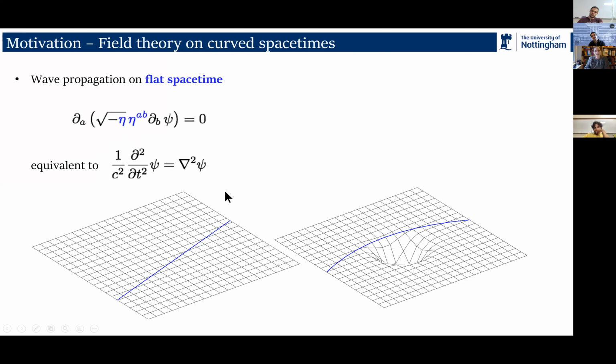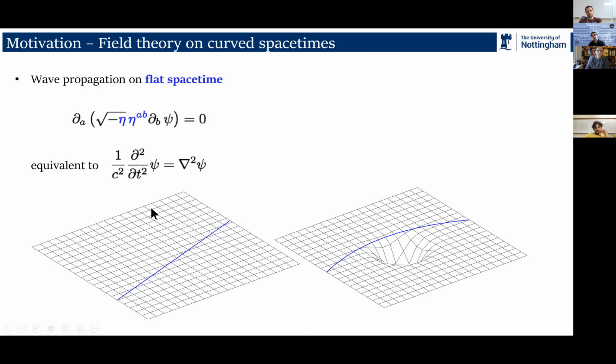Now, there is a trick to rewrite that equation, by considering this constant c being the speed of light, for example. I can rewrite that equation in a compact way by introducing flat spacetime, or the Minkowski spacetime. These two equations really are the same. It's just a different way of writing.